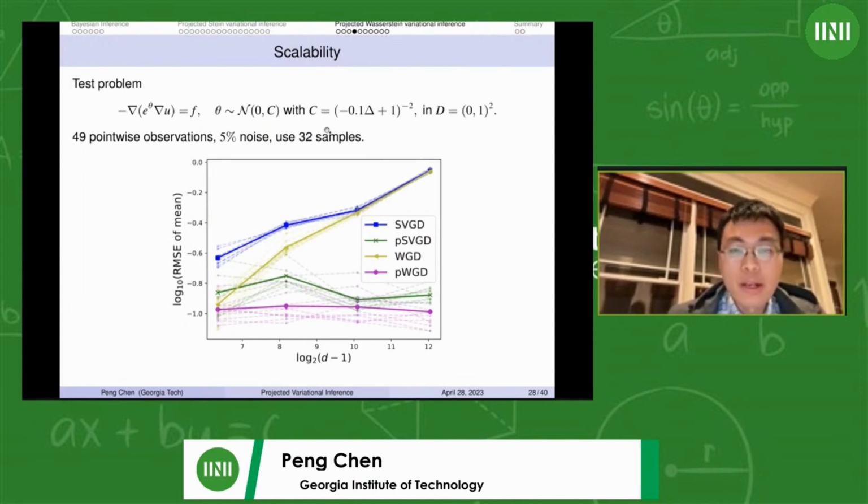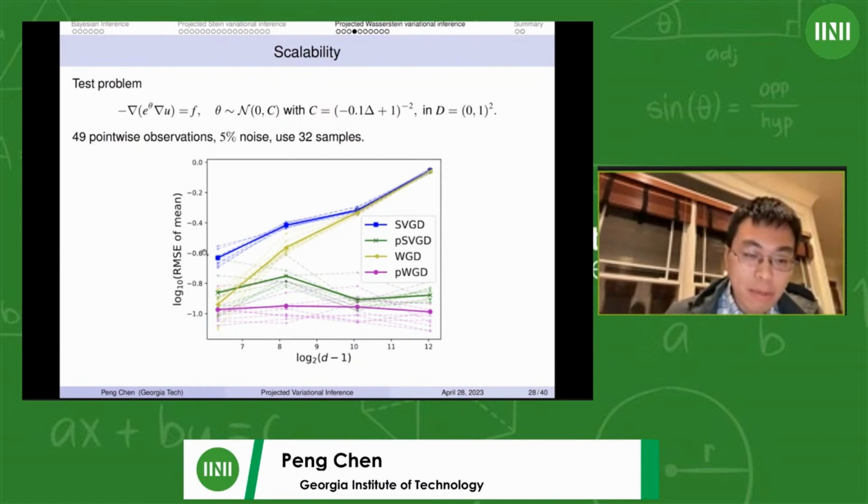Okay, so here's a simple test for a nonlinear case. We have a log normal diffusion problem, and this is again a Gaussian. We have 49 pointwise observations, 5% observation noise, and now we use 32 samples. You can see as we enlarge the discretization dimension, both SVGD and WGD fail to converge to the right place.